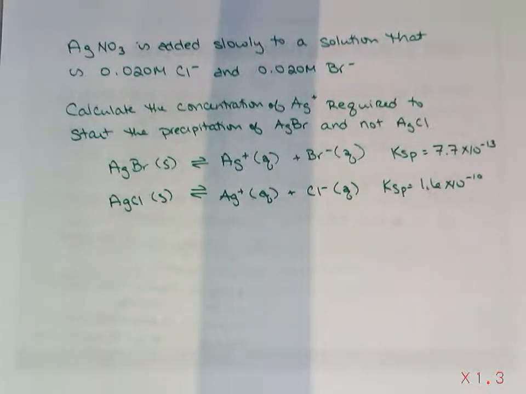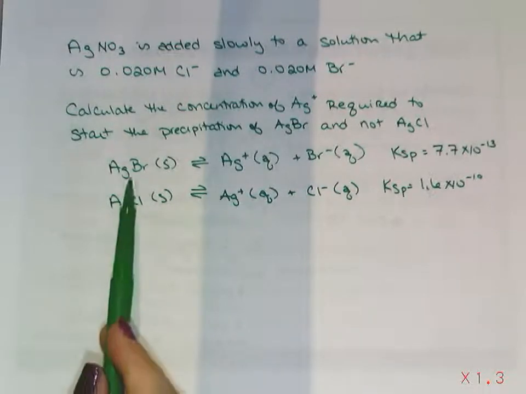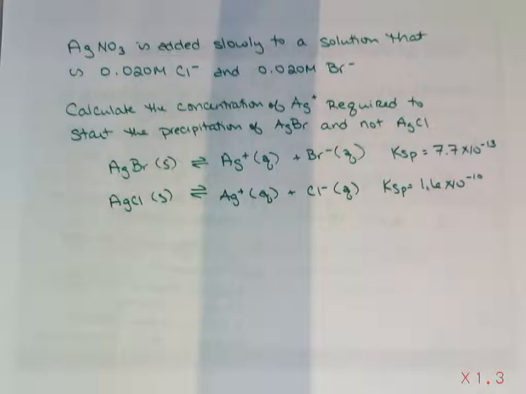So which solid, silver bromide or silver chloride, has the smaller KSP? Right, silver bromide has a smaller KSP, so it should precipitate first. If you're thinking about it, you require fewer ions to precipitate.